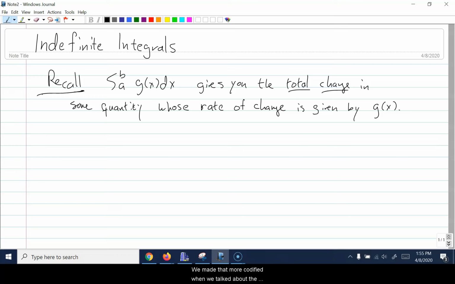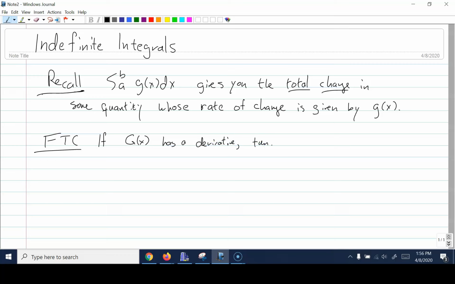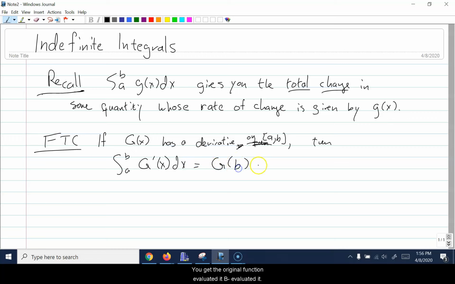We made that more codified when we talked about the fundamental theorem of calculus: if g of x has a derivative on the interval a to b, then when you integrate that derivative, you get the original function evaluated at b minus evaluated at a.